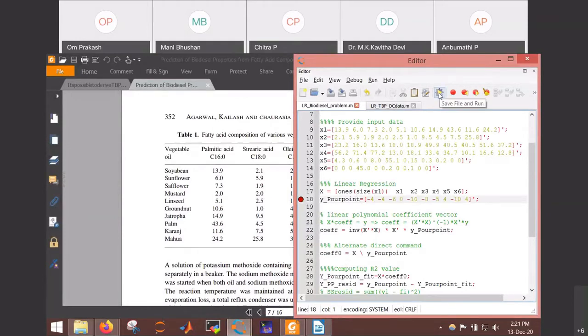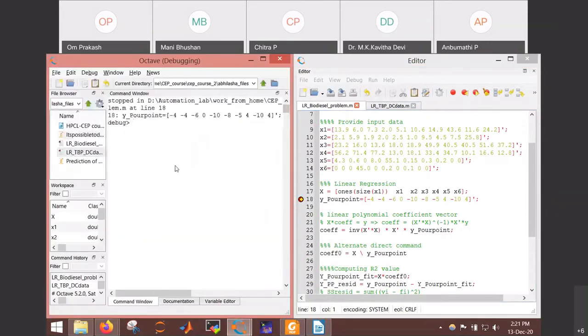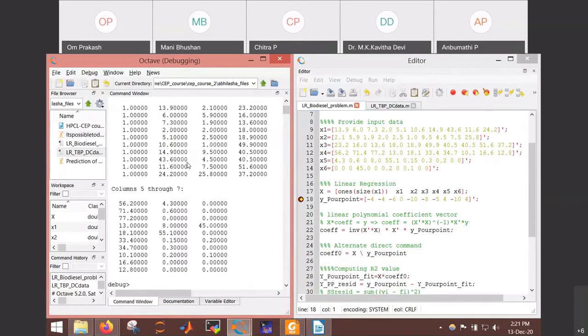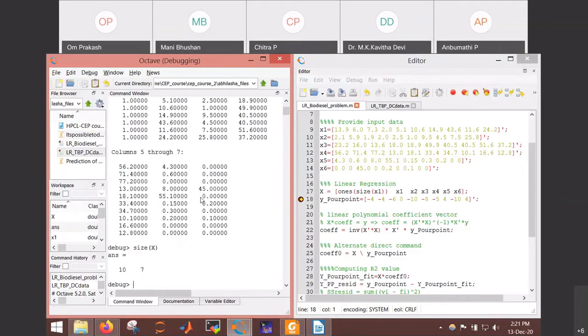Let me run till this point. Now we can print x and check the size also. You see 10 cross 7. So I have 10 rows and 7 columns.